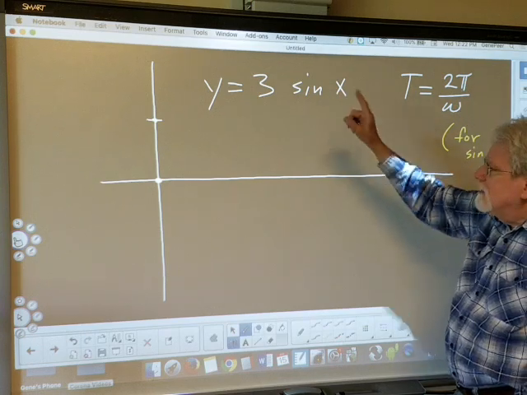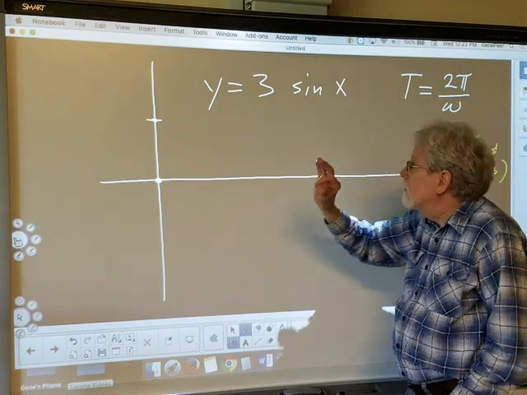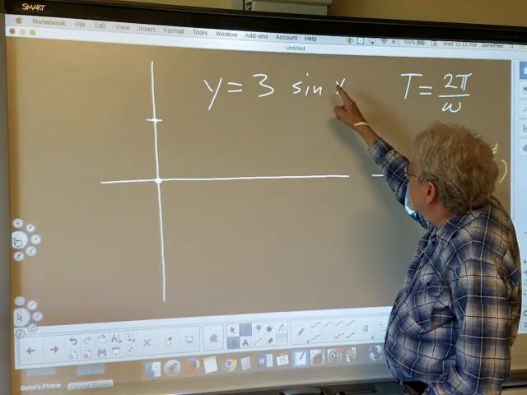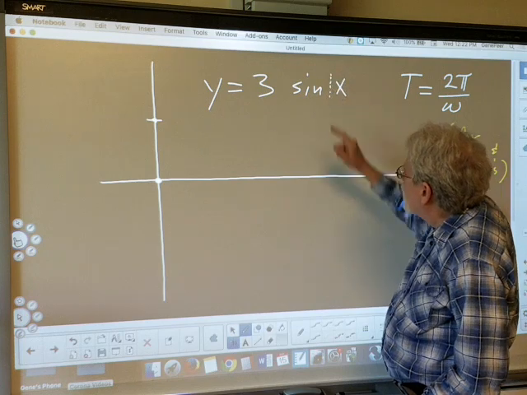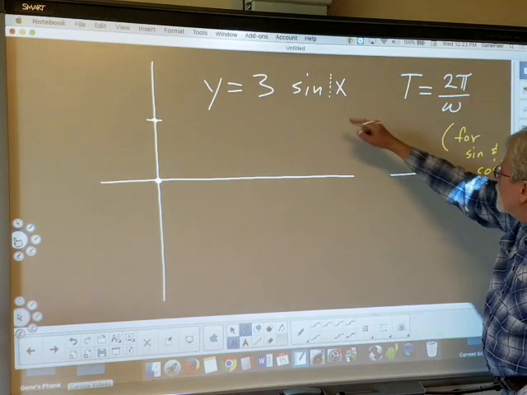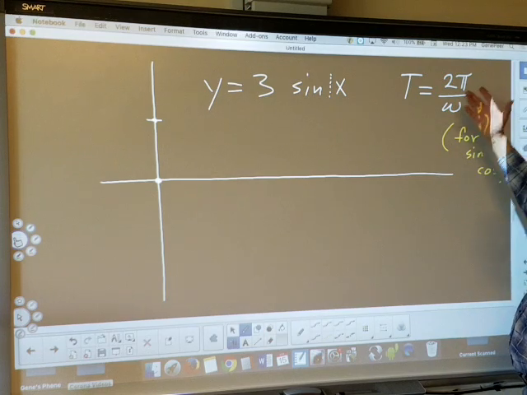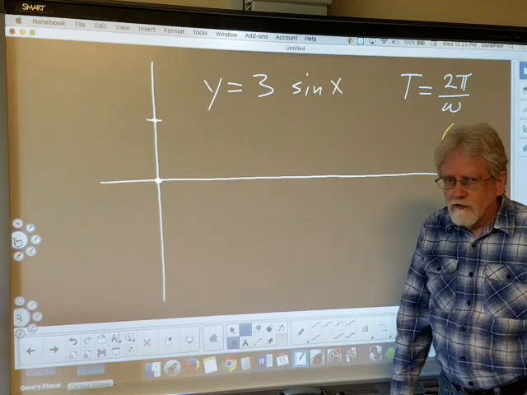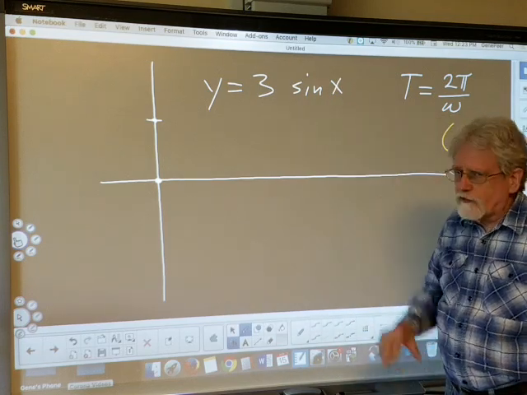Omega is the coefficient of x. It's the invisible 1 in this case. So the period is 2 pi divided by 1, which is just 2 pi. So this thing has a period of 2 pi, an ordinary sine function.